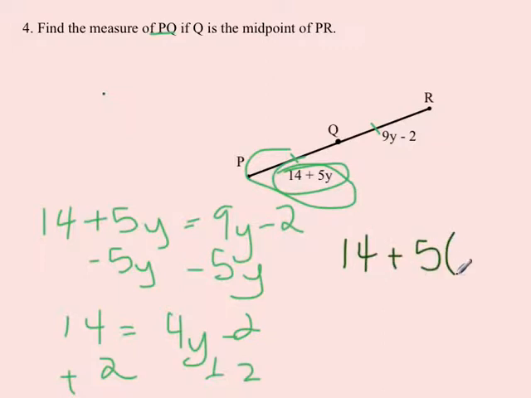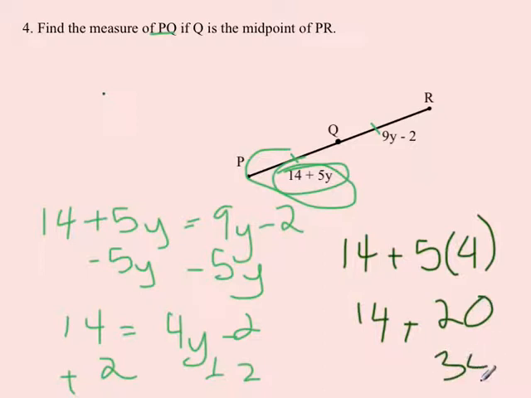So I'm going to take y out and put that 4 in instead. So I have 14 and 5 times 4 is 20. And then you add the 2 together and you get 34. So the length of the segment PQ is going to be equal to 34. Since Q is the midpoint, QR then is also the length of 34.